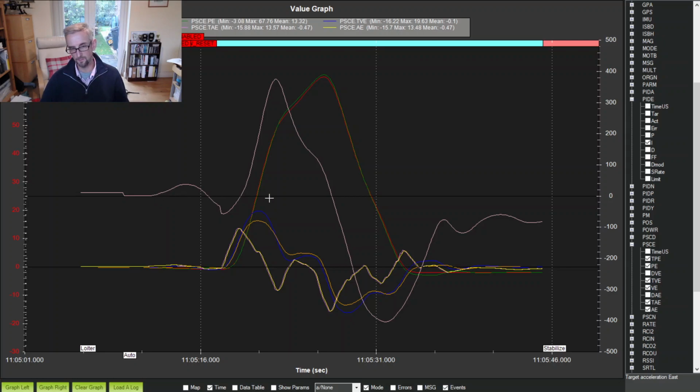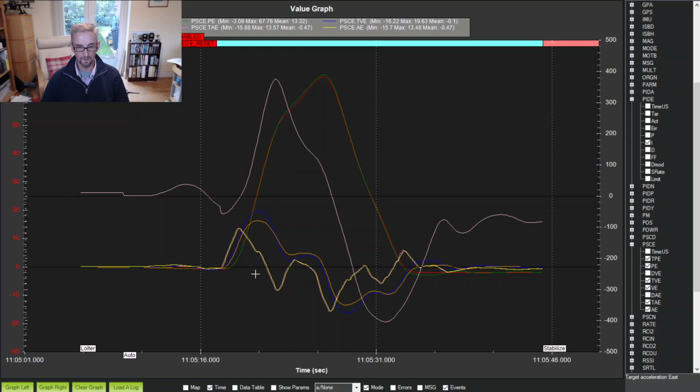So I should see a much flatter I-term component, a much better response, and therefore a much faster mission even over these short periods. So that's the theory. I need some good weather to try it out, but it's an interesting area, and I plan to see how hard I can push this.